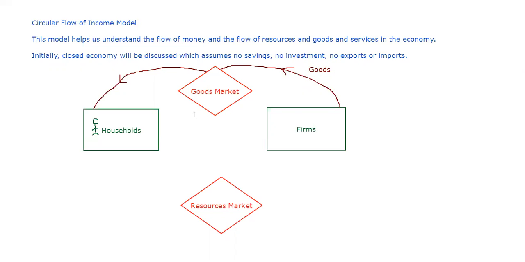And the household buys these goods by paying money for them. So let's draw the money flow. The money flows from the households to the firms. The money spent by the households is called consumption expenditure.